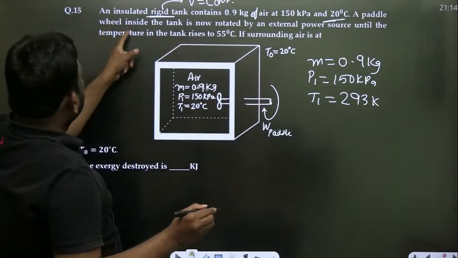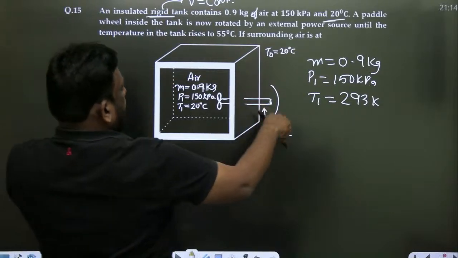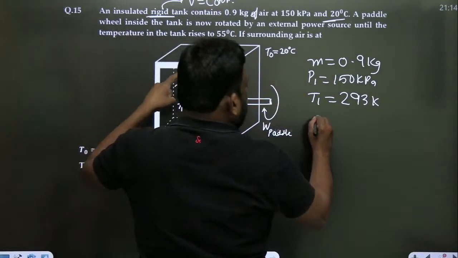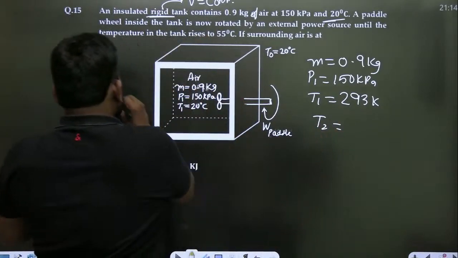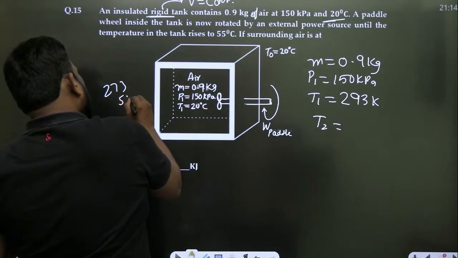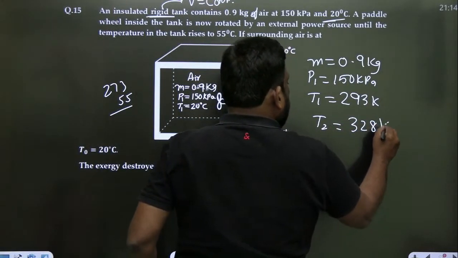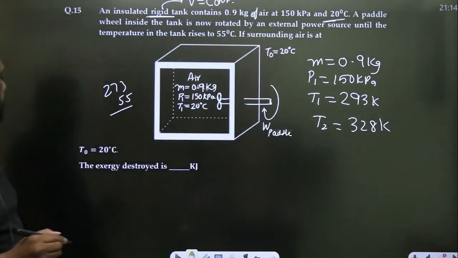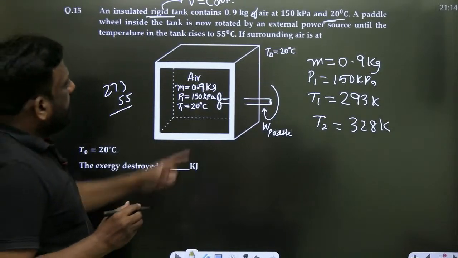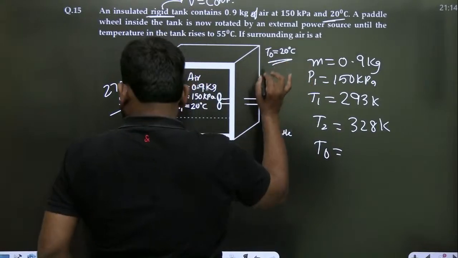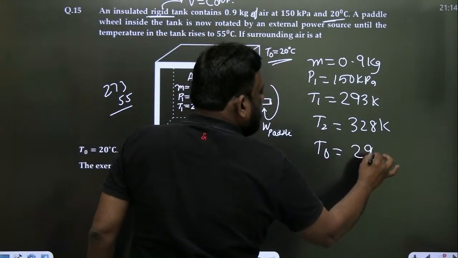A paddle wheel inside the tank is rotated by an external source until the temperature rises to 55. So 273 plus 55 ये कितना आएगा सर? 328 Kelvin. क्या ये सही है सर? Correct है. If the surrounding is at 20 degrees centigrade, 20 means 293 Kelvin.